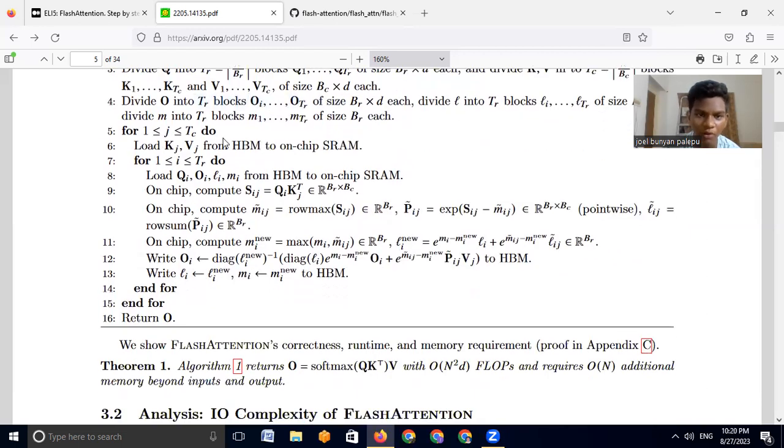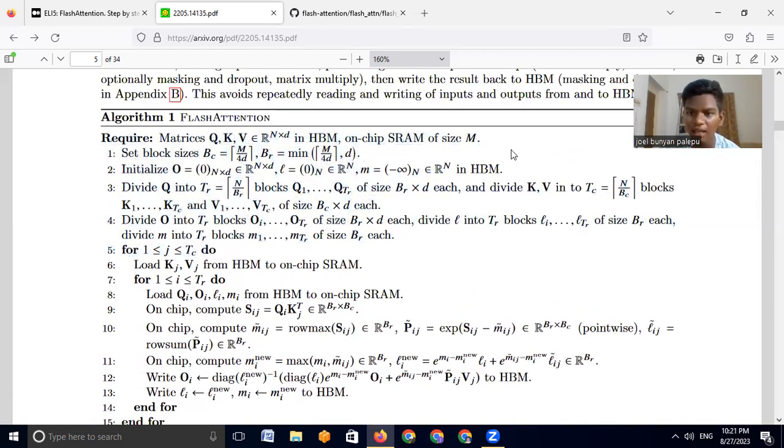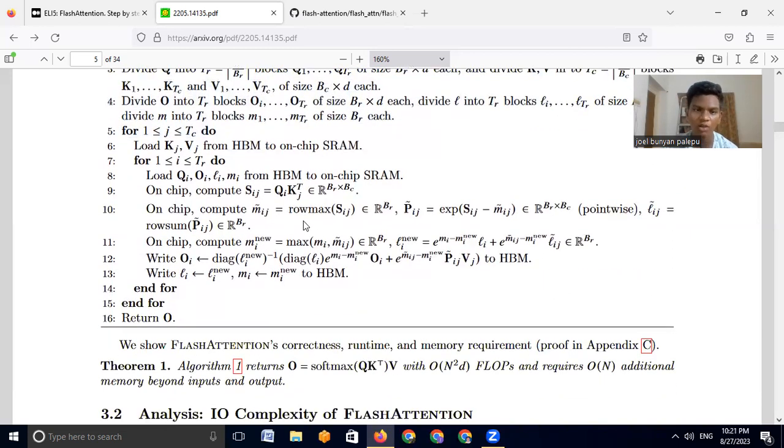And what we are going to do is loop through all the words, all the queries, keys and values, and load the values from HBM. Just look at the decrease in the number of times we read from HBM.